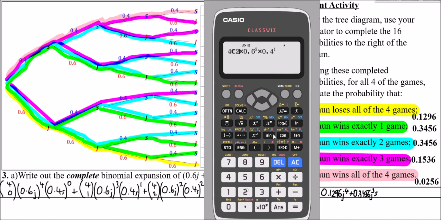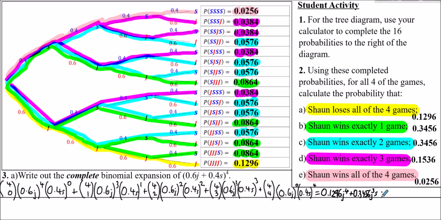So delete then a 2, 0.6 squared, 0.4 squared. Press equals, and again we get 0.3456. So plus 0.3456. At this point, I'm going to give up trying to squeeze it all on. I think I'm fighting a losing battle. So j squared s squared. So I'll just go here next time.